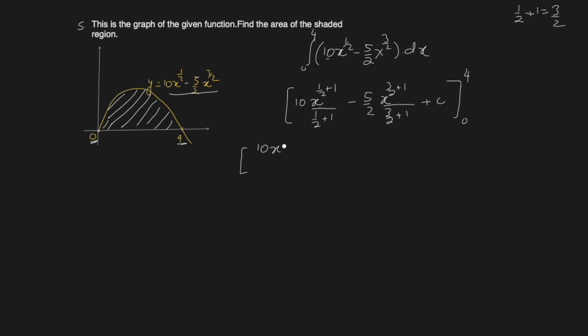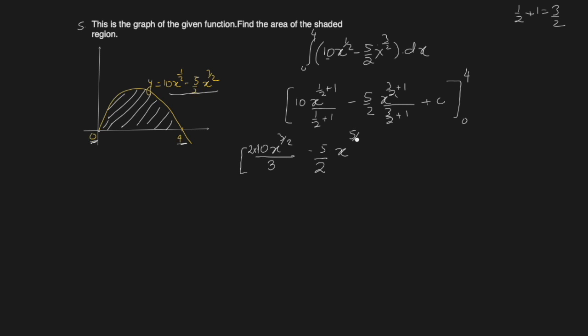10 x to the power 3 over 2 divided by 3 over 2 again. But I will not write 3 over 2 here. I will write just 3 here and 2. Denominator of a denominator becomes numerator. It multiplies with the numerator. So it will be 2 times 10 here. Simply same thing here, 5 over 2. x to the power 3 over 2 plus 1 is 5 over 2 again.